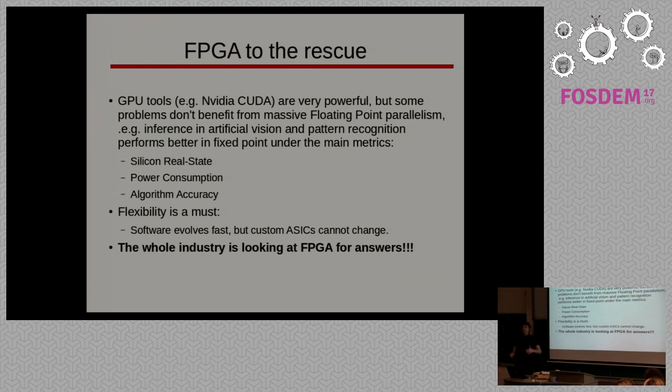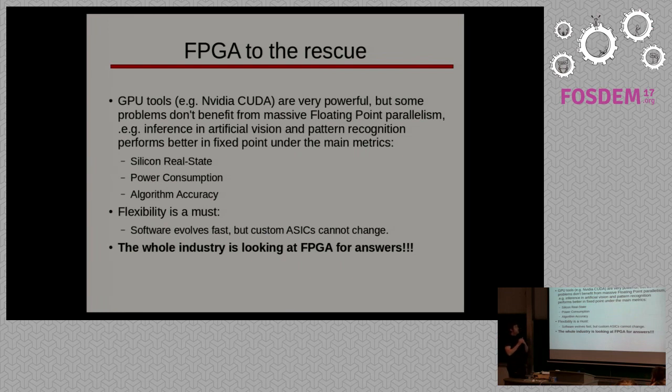You save silicon real estate because you need fewer logic gates to implement it. You also have lower power consumption, and surprisingly enough, the algorithm is even more accurate using fixed point arithmetic than floating point arithmetic. This is maybe counterintuitive, but it's how things really work.